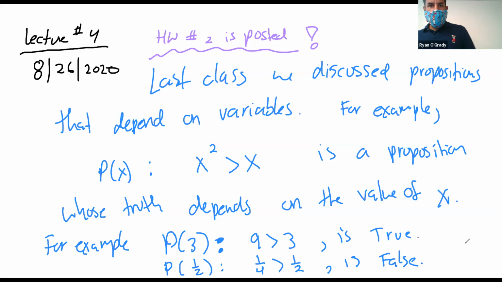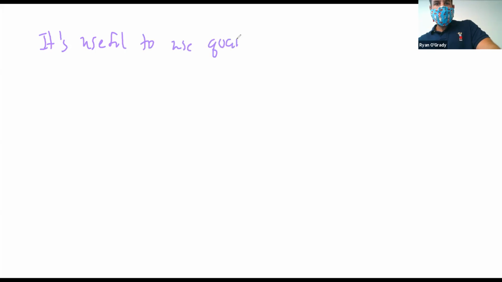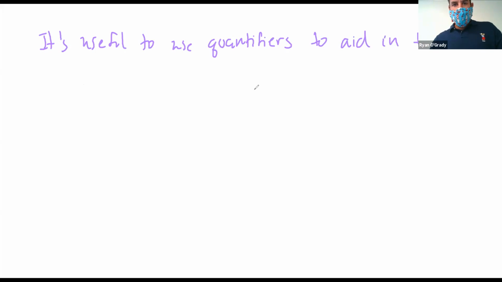Okay, so when we have statements like this, one of the things of interest to us is... we're going to use what are called quantifiers to aid in the problem-solving process.